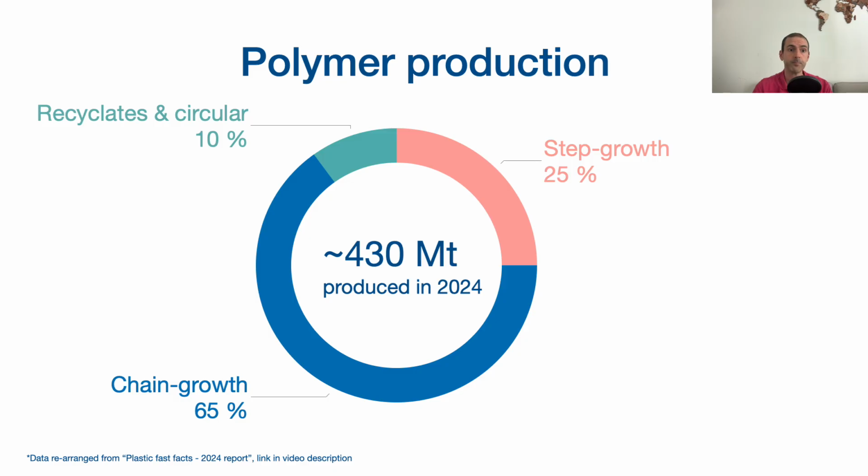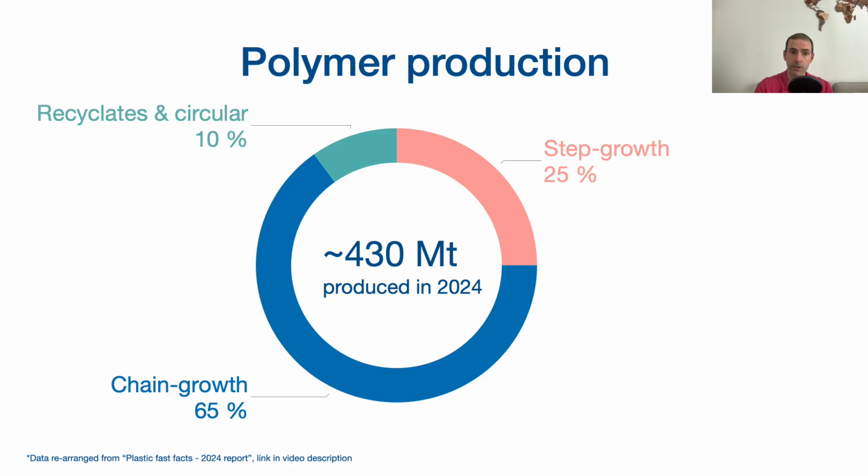About two thirds of all polymers produced globally come from chain growth processes. You see here 65, 66%, mainly coordination and radical polymerization. 25% come from step growth polymerization, and only 10% are recycled or come from circular sources.